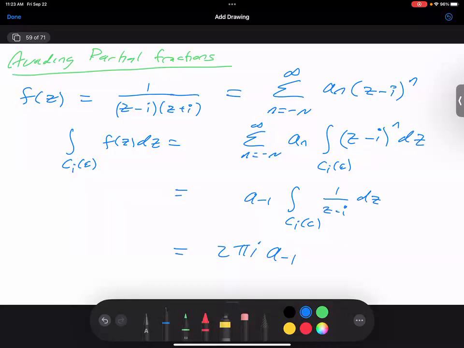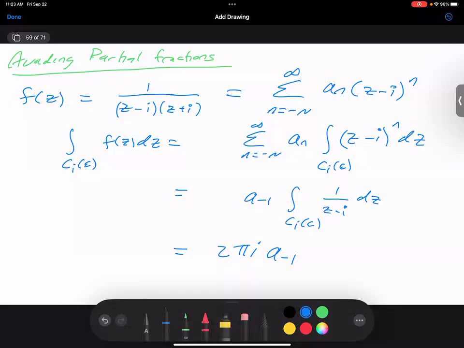That's sometimes called a Laurent series. So the idea is we've reduced integration to finding the negative first term in the Taylor series expansion. I don't care about any other term in the Taylor series expansion. I just care what is the negative first term. And when I do my integral, that's the only thing that survives.